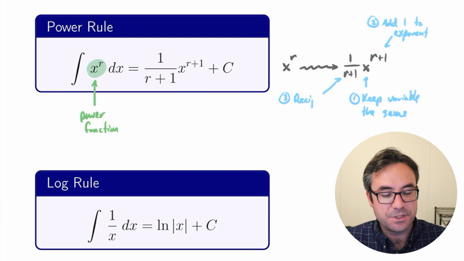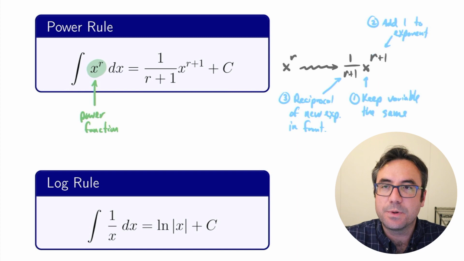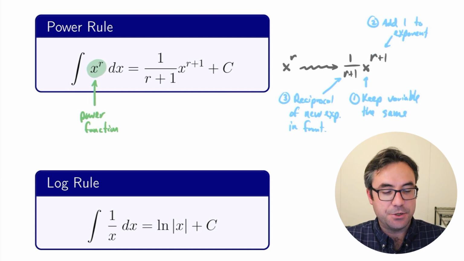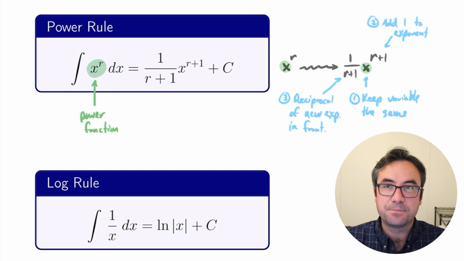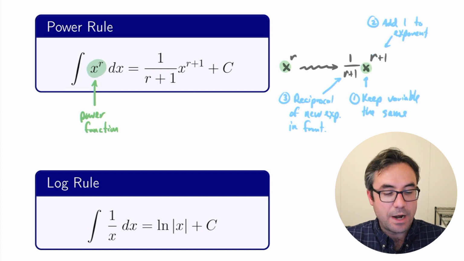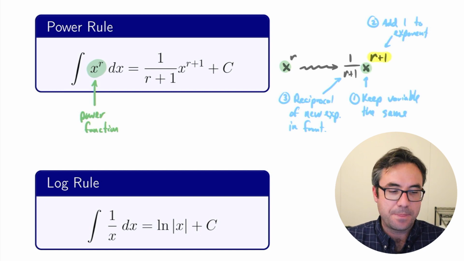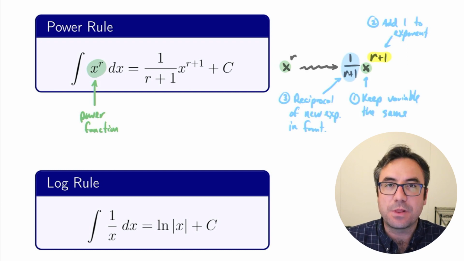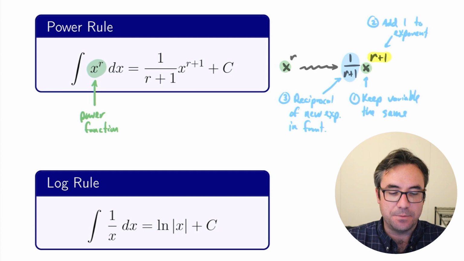We're going to put the reciprocal of the new exponent in front. That's the process we want to think of here. First, keep our variable the same. Then add 1 to the exponent. Then take that new exponent and flip it, put it in front of the variable.